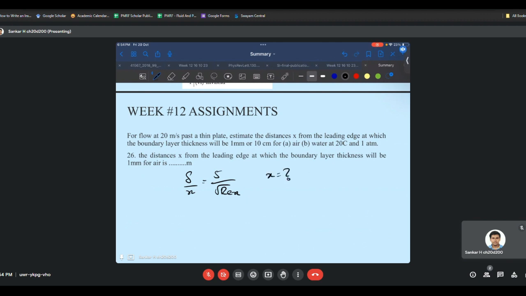And we have to assume that the density is 1.5 kilograms per meter cube and the kinematic viscosity to be 1 into 10 raised to minus 5 meters square per second. If you solve this, if delta is equal to 1 millimeter, I got the answer x as 0.0533.